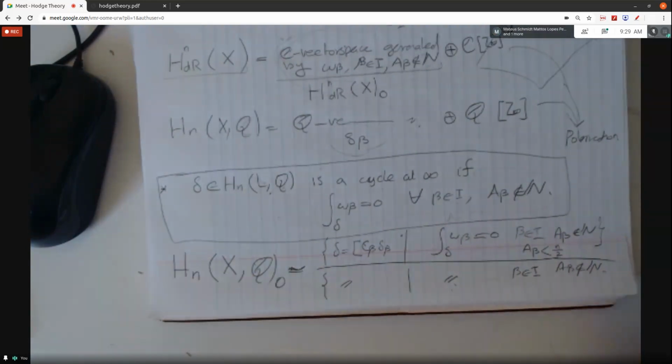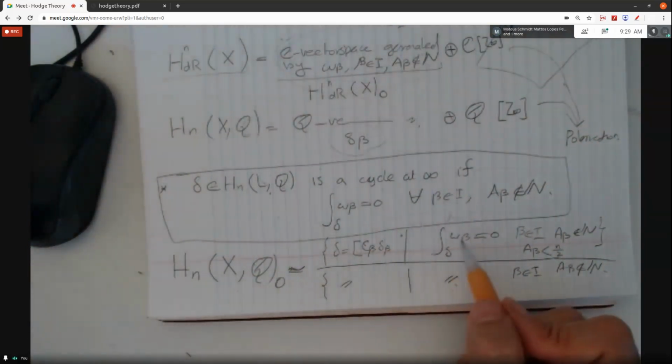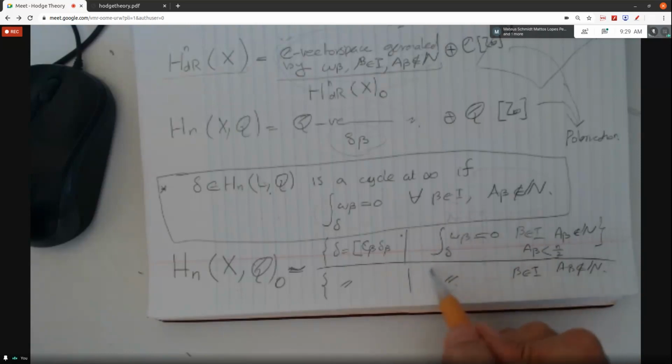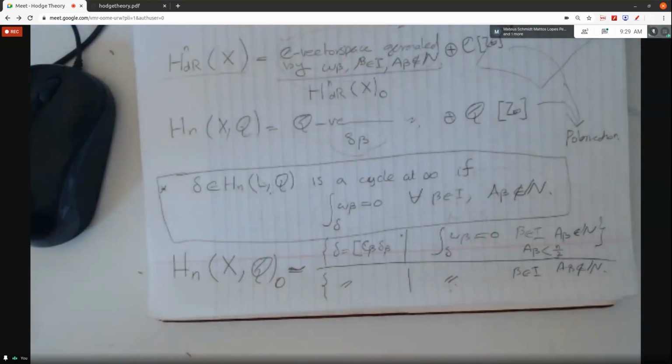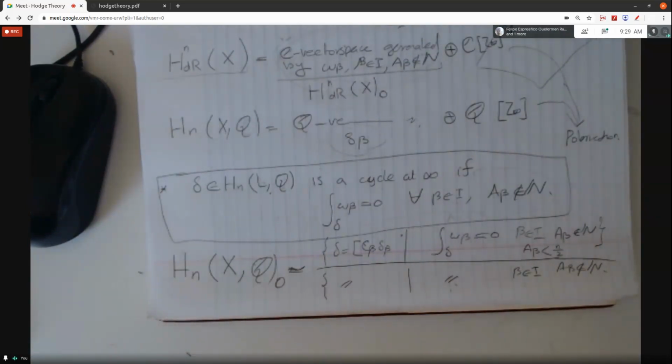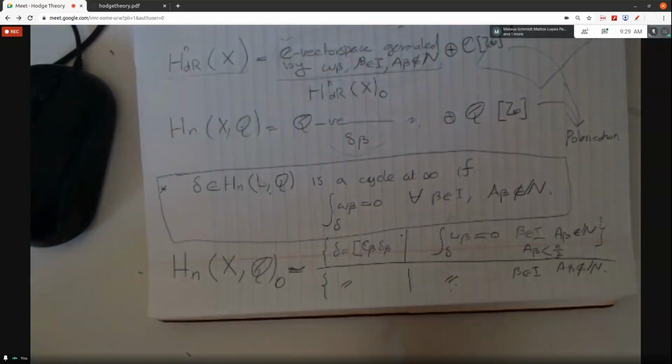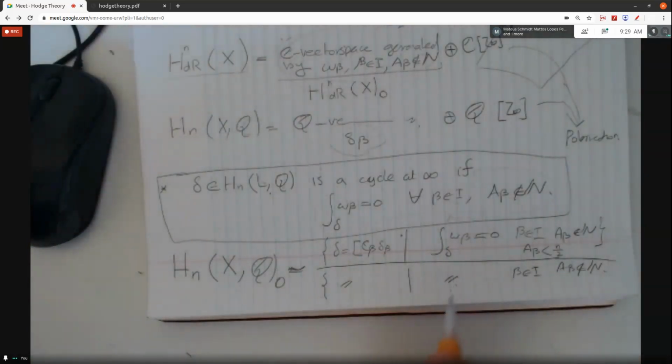So at the end of the day, the space of Hodge cycles will be for me this one modulo those that are zero in homology. In order to capture the zero in homology, I use these cycles at infinity. Anyway, now we are ready to compute the space of Hodge cycles. Any question?